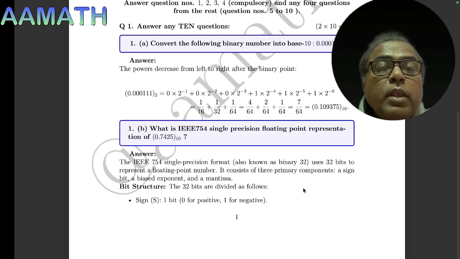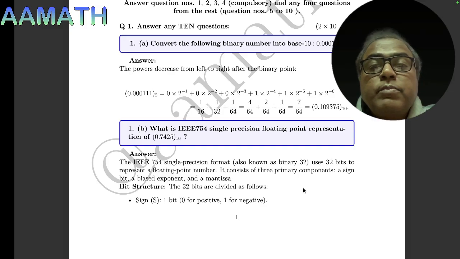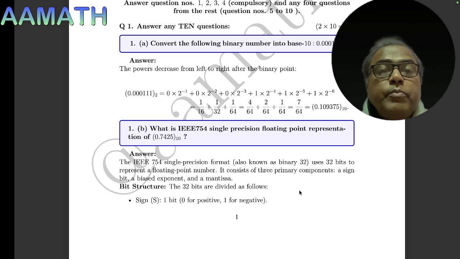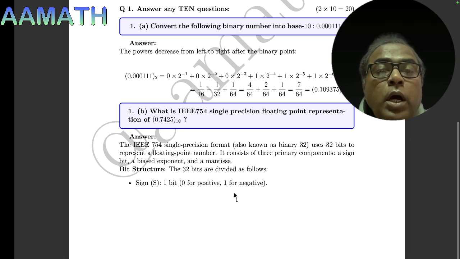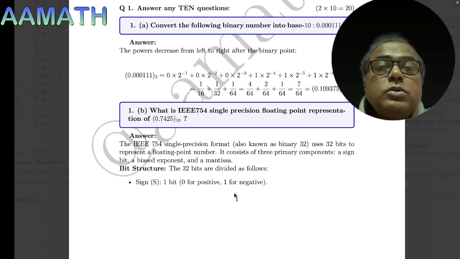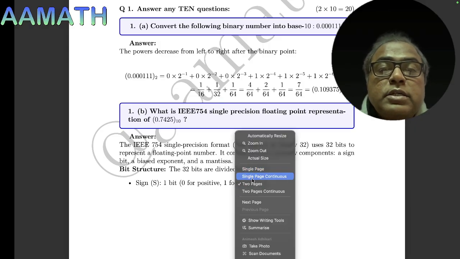Question 1b, what is the IEEE 754 single precision floating point representation of 0.7425 to the base 10? Already we have discussed this question in a previous video, so we avoid detailed discussion here.